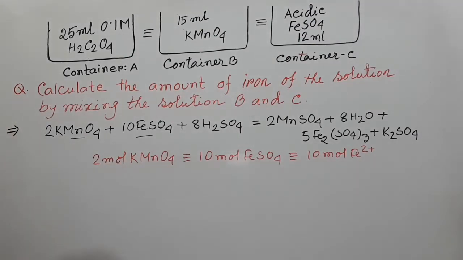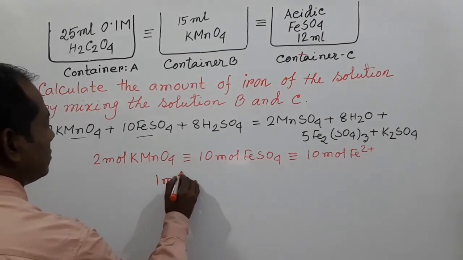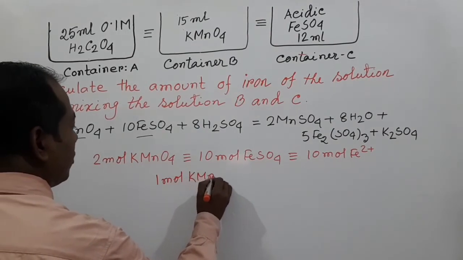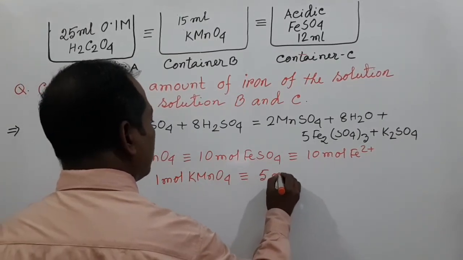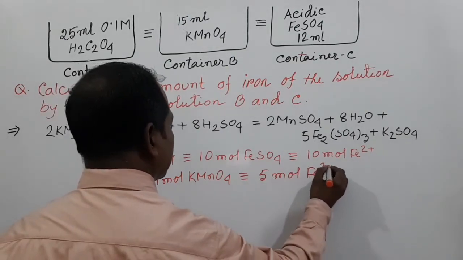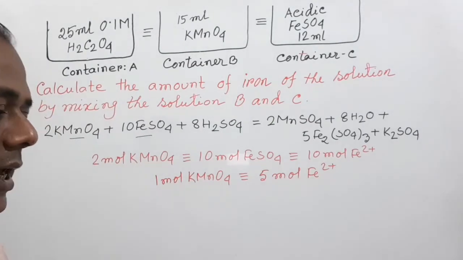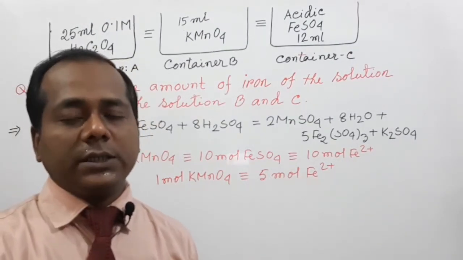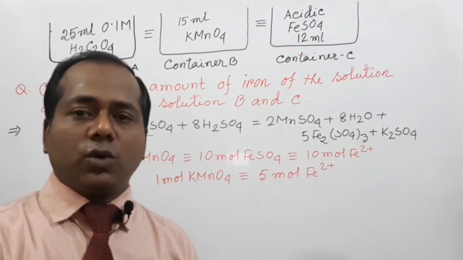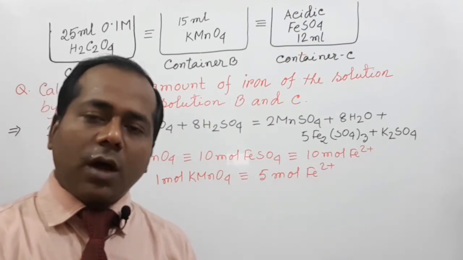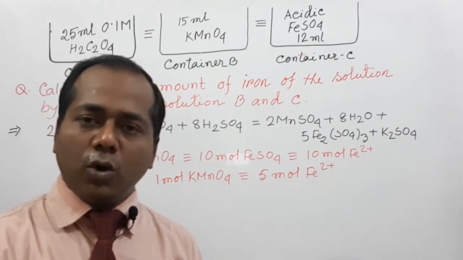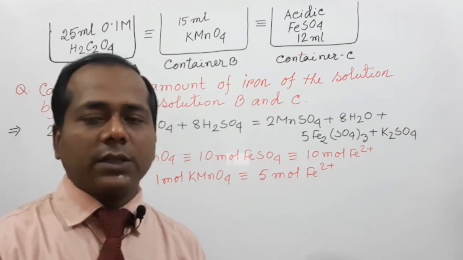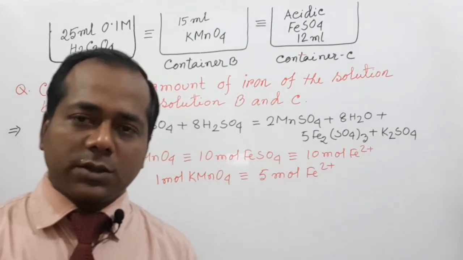According to this relation we can also write 1 mole KMnO4 is equivalent to 5 mole ferrous ion. And we know that when 1 mole solute is dissolved in 1000 ml solvent, that is a 1 molar solution.